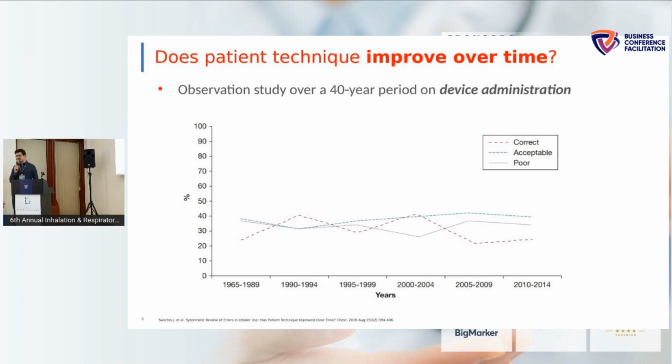What does this mean? It means that from the moment the patient starts using the device in a specific way, he will not change it. This is why training is really important. And it's not training only at the beginning when the patient is starting the therapy. There must be continuous sessions over time to ensure that the patient keeps using the device correctly.